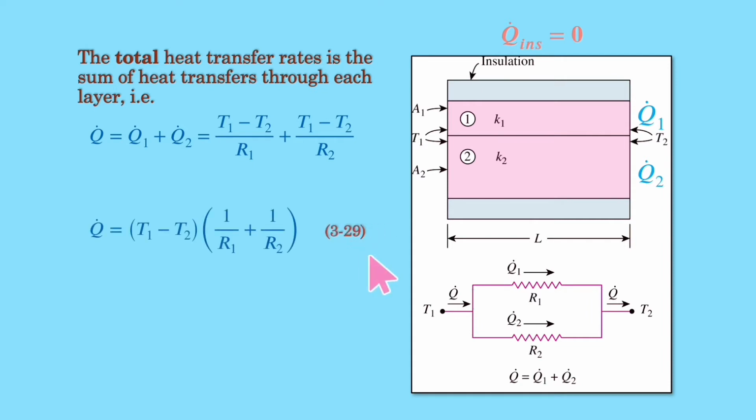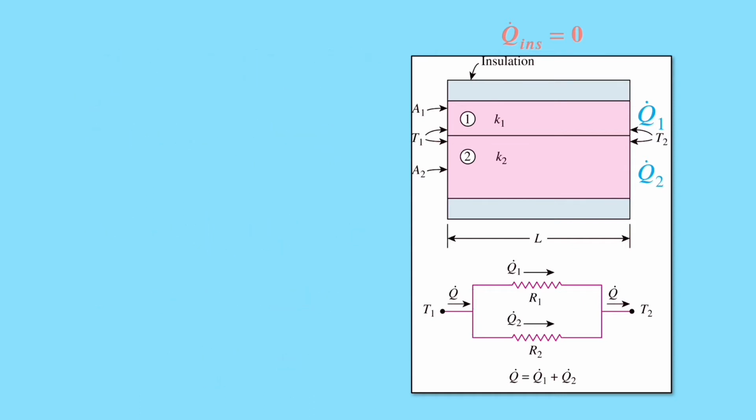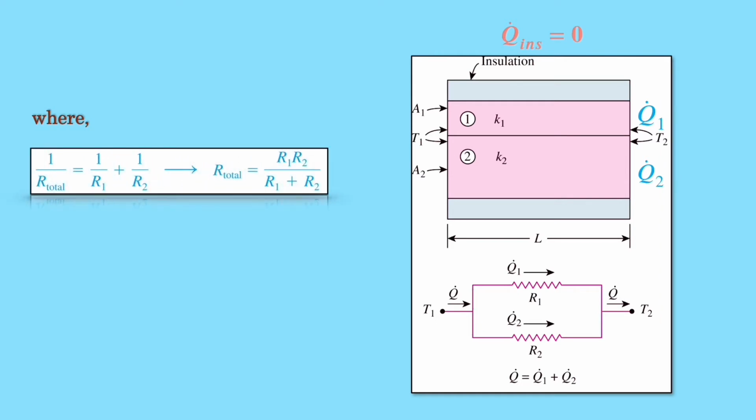Utilizing the electrical analogy, we get equation 3-30. R total is expressed in equation 3-31 since the resistances are in parallel.